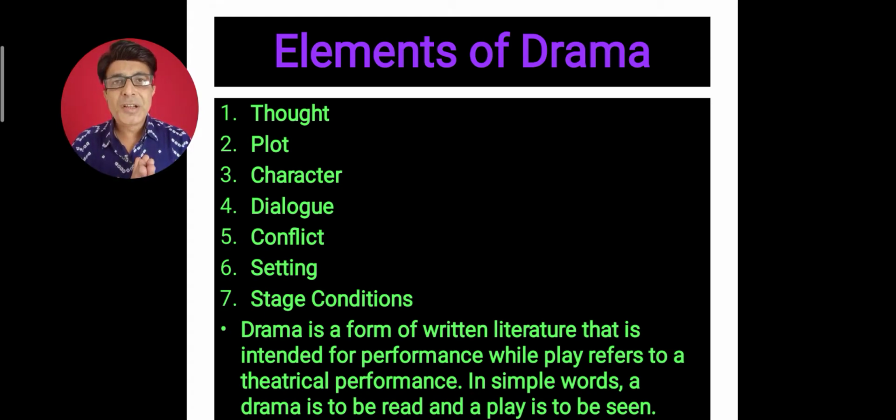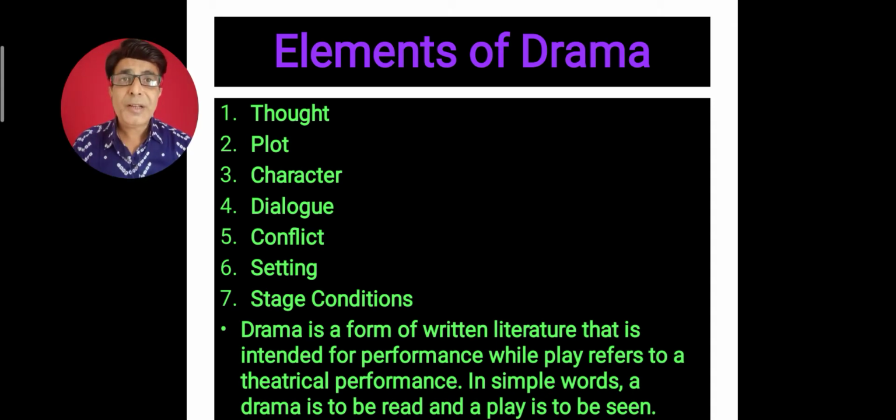Important features or elements of drama are thought, means theme, some ideas are presented; plot means a series of actions logically connected with one another; character means the persons who are standing on the stage who perform these actions; dialogue is again very important. Dialogues can be soliloquy, a dialogue between two characters, or an aside. Different types of dialogues are there.